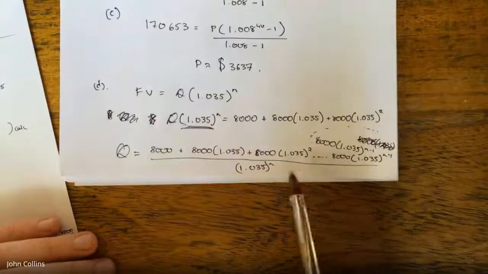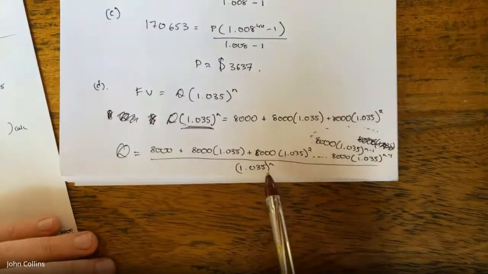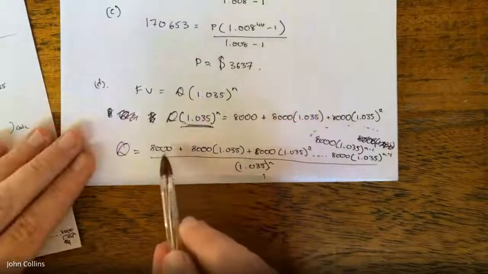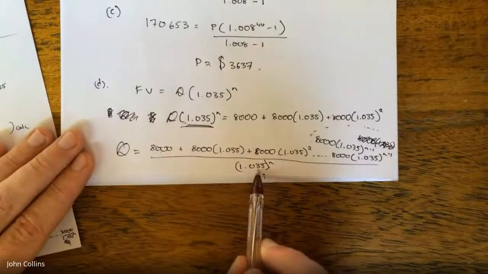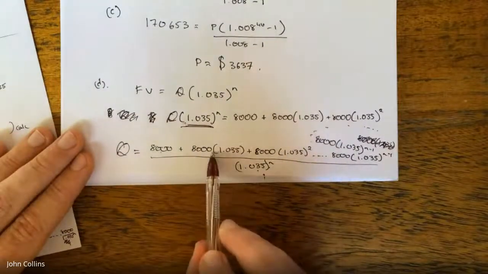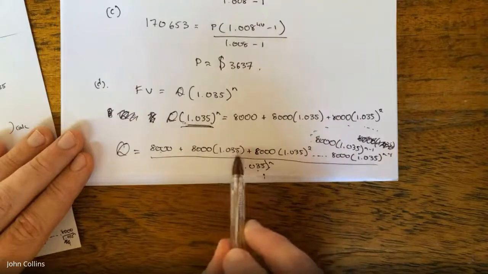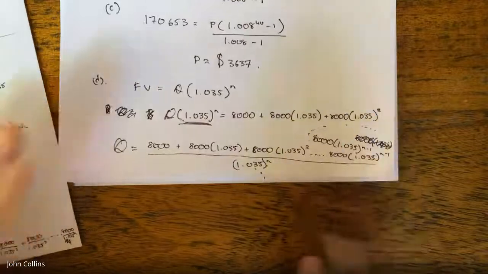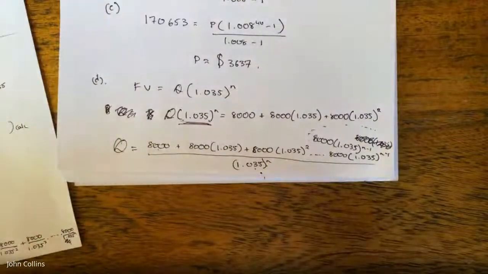Yeah, so the last term then is going to be 8,000 divided by, so it's this term. So they've written it the other way around, 8,000 divided by this. And then the previous one is going to be 8,000 over 1.035 to the n minus 1. So this one's gone, this is going to be 2 of them gone, 3 of them gone, and then it's like written in reverse, if that makes sense, what they have done. So the answer is there in the show that, I'll write the answer here.